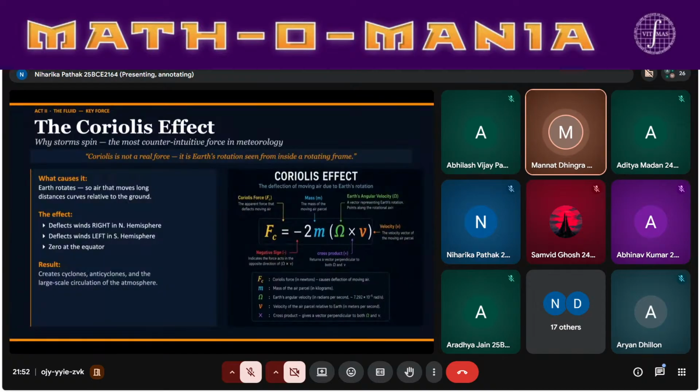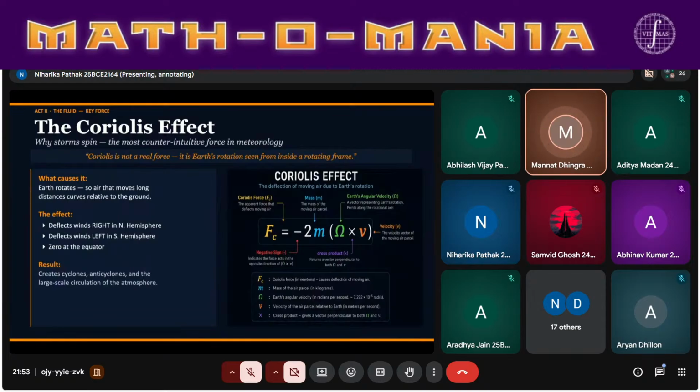So okay, let's look at it individually. Fc is basically the Coriolis force, or the apparent force that deflects the moving air. Okay, and there's one thing over here. There's a negative sign. The negative sign is basically for the force acting in the opposite direction, which causes the deflection, right?